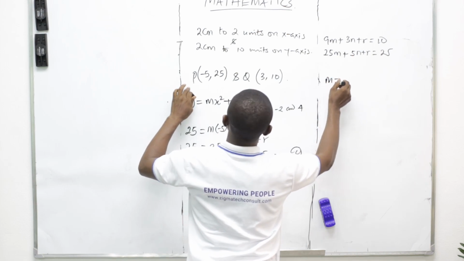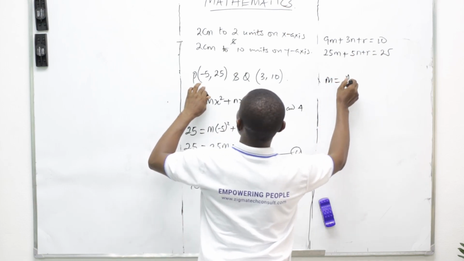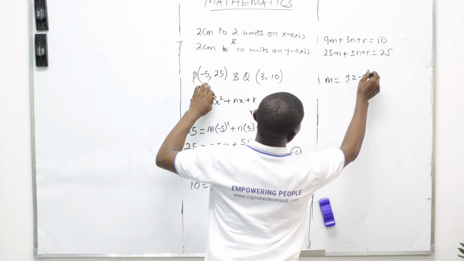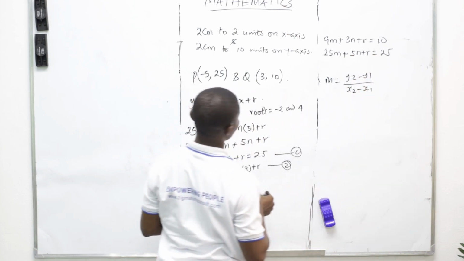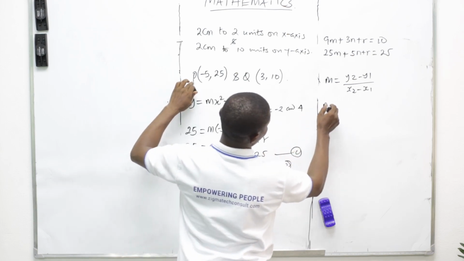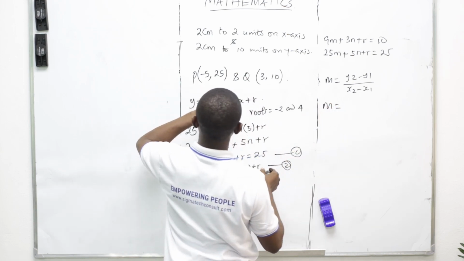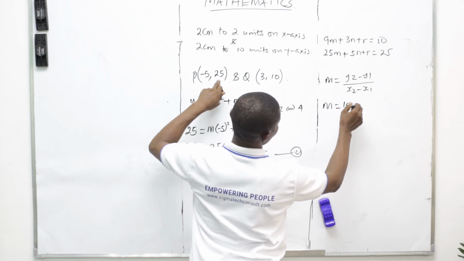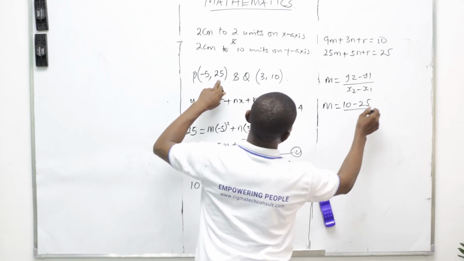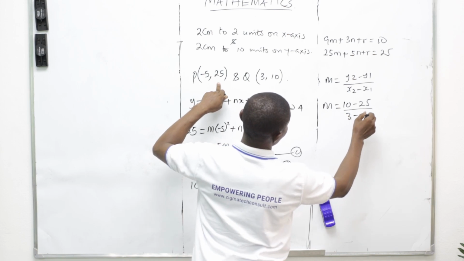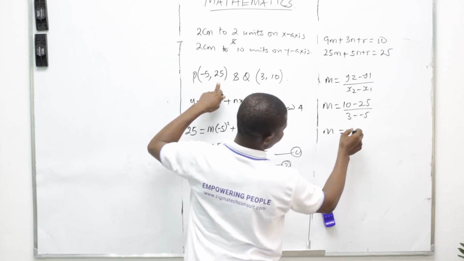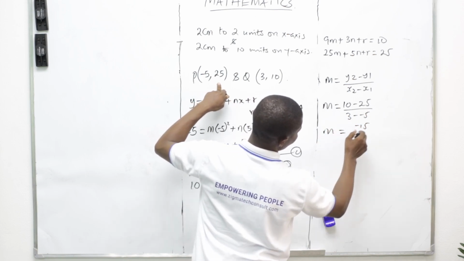Recall that m equals y2 minus y1 all over x2 minus x1. That is m equals 10 minus 25 all over 3 minus 5. M equals minus 15 all over 8.